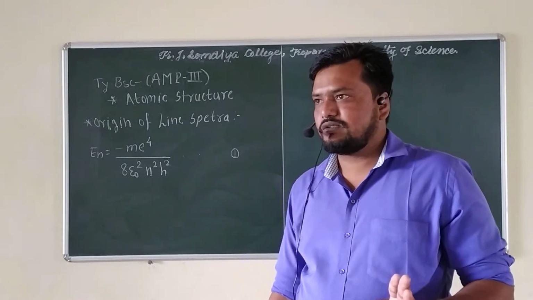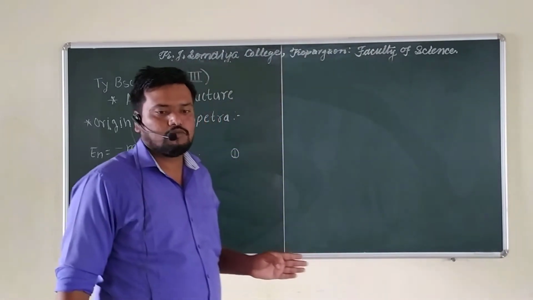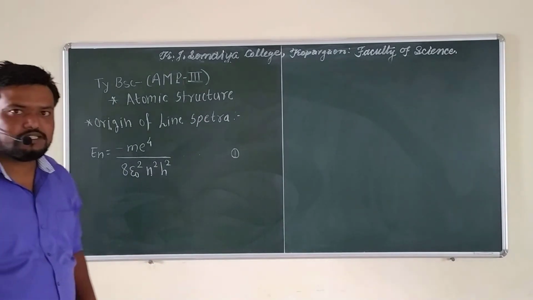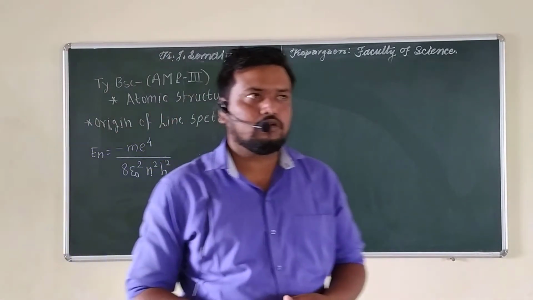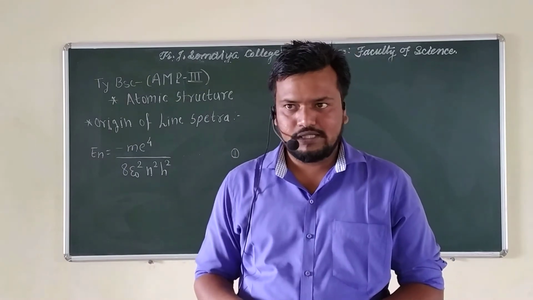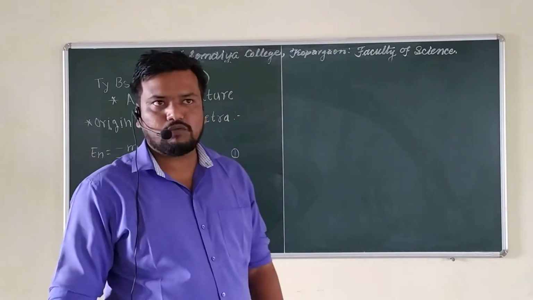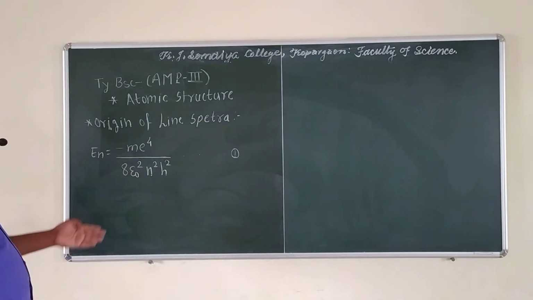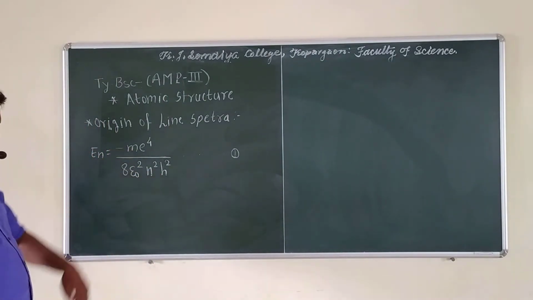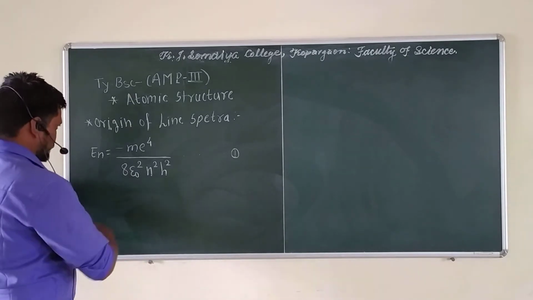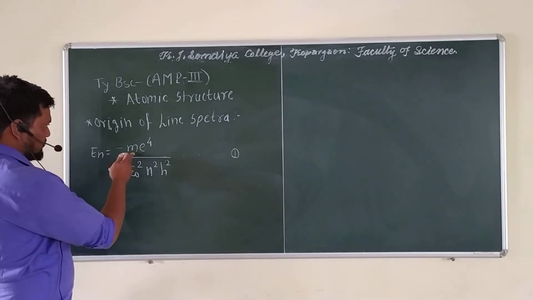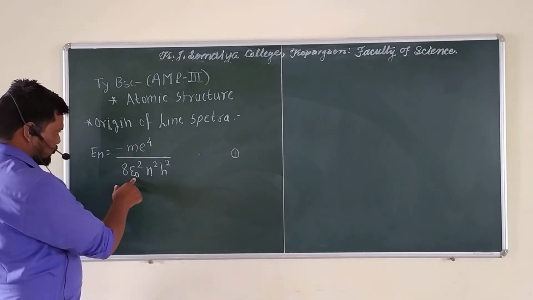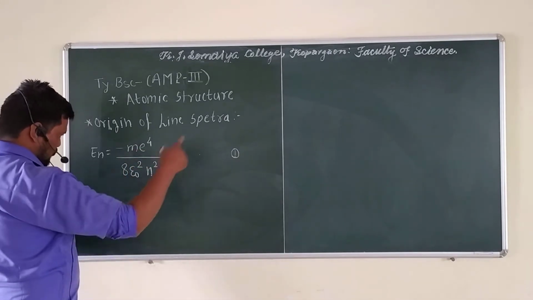In the last lecture we derived the expression for the total energy of an electron in the nth orbit: En is equal to minus m e to the power 4 divided by 8 epsilon naught square n square h square. Here m is constant, e is constant, 8 epsilon naught square is constant, and h square is also constant.